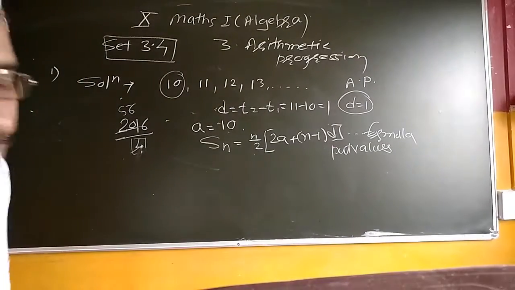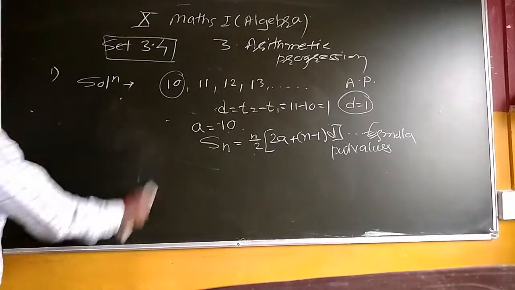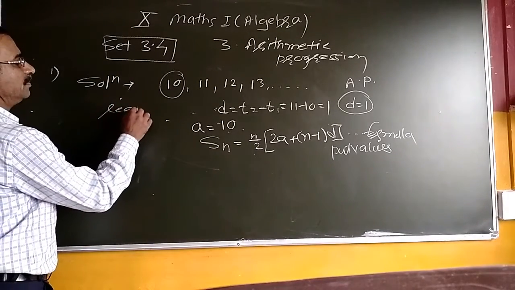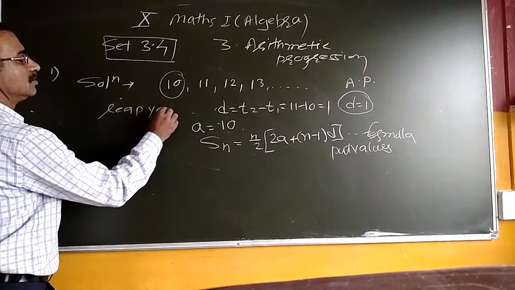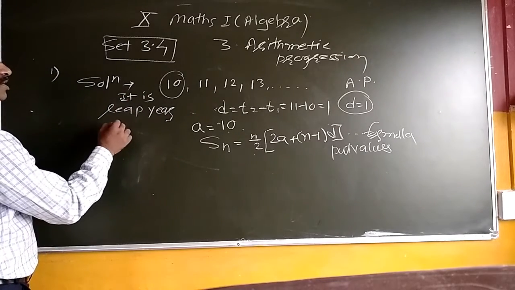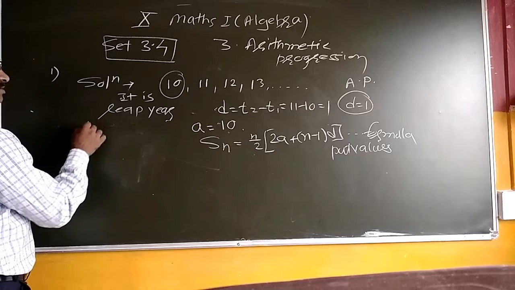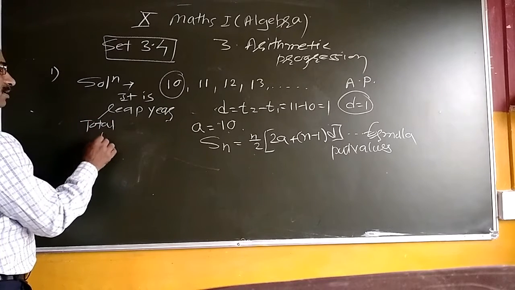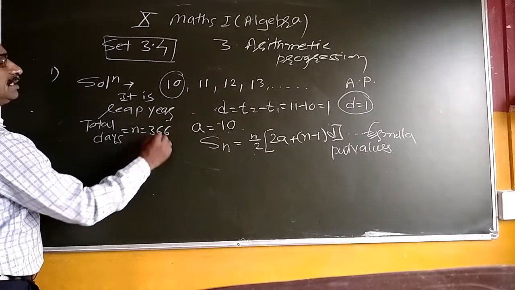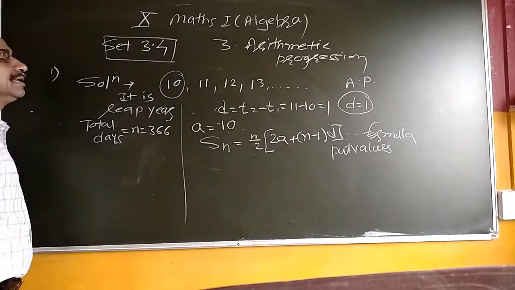So it is a leap year. In a leap year, the total days is n is equal to 366.